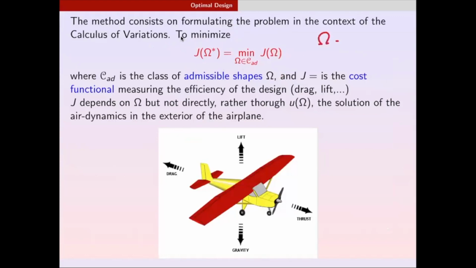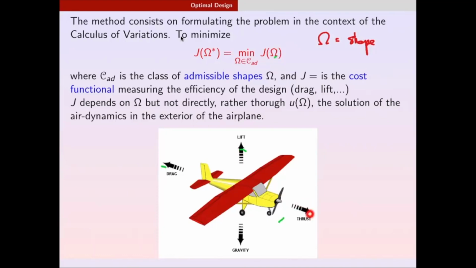So omega is the shape of the car or the airplane. And this functional that I am minimizing will be a sophisticated functional, which will be multi-criteria, right?